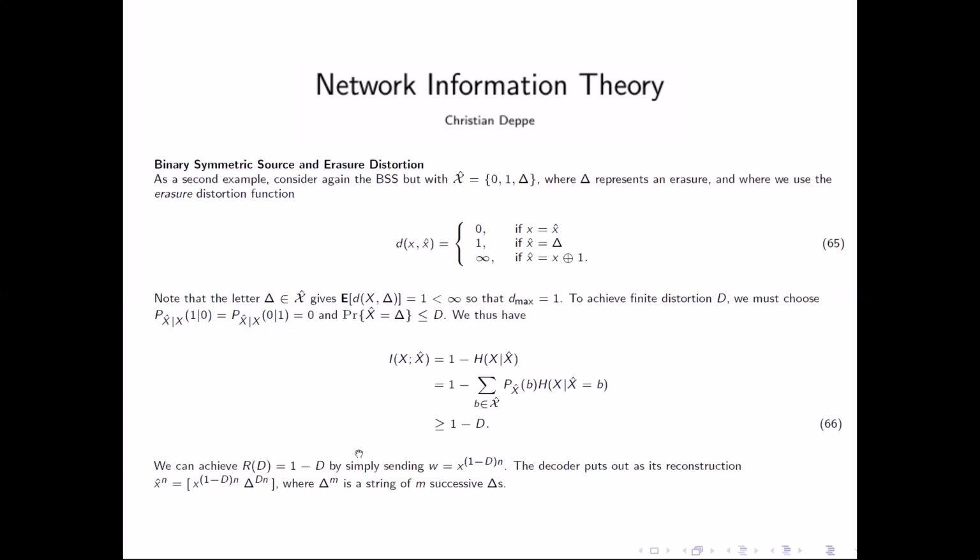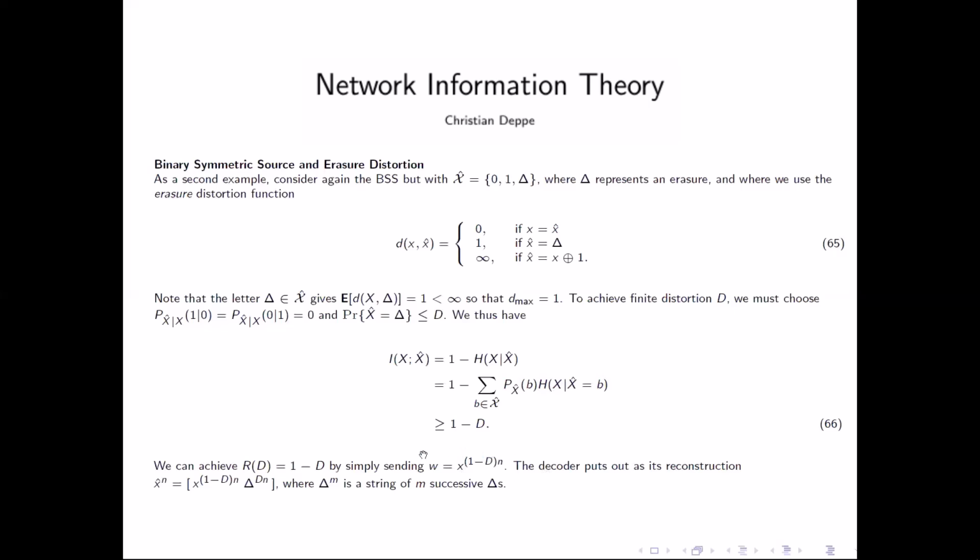The idea is very simple. We just look at the output sequence and cut the final d symbols. So we just map the first 1 minus d times n symbols to some w. And the rest, the d times n symbols, we just cut off.